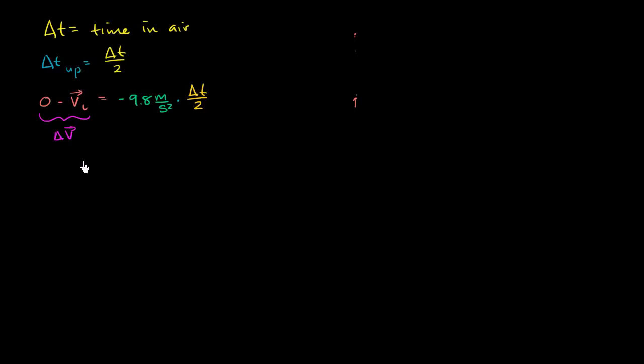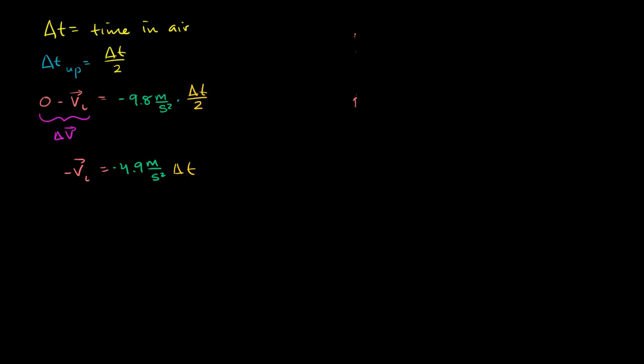And so we get negative the initial velocity is equal to 4.9 meters per second squared, we still have our negative out front, times our delta t. Remember, this is our total time in the air, not just the time up.